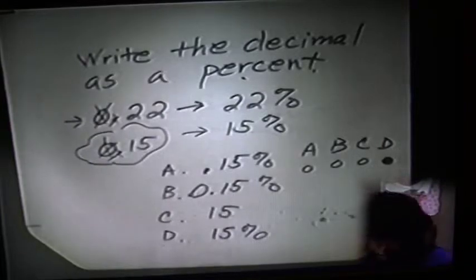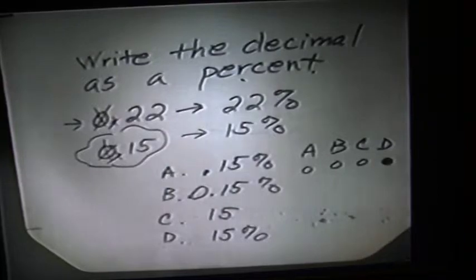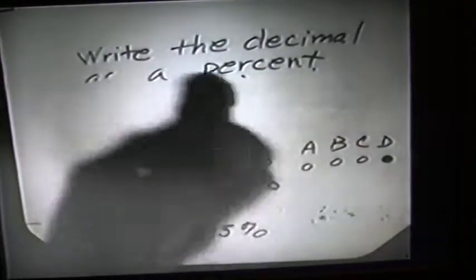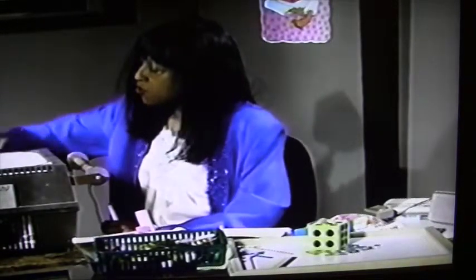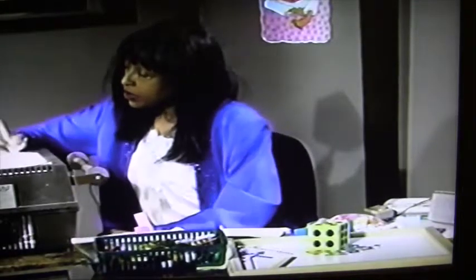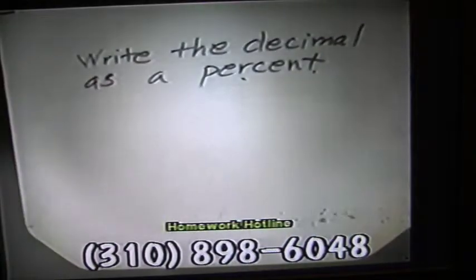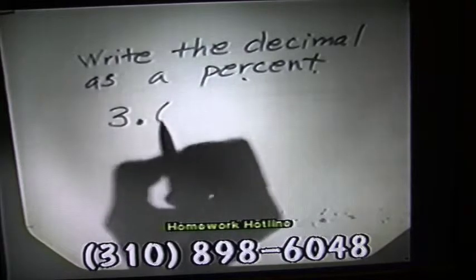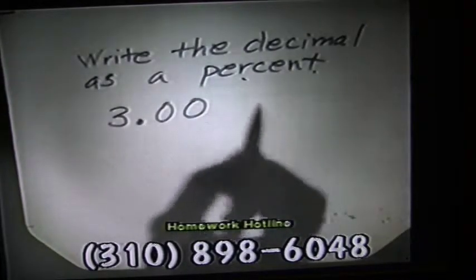Well, we've looked at those. Let's look at a larger number. And if we look at a larger number, you may see the decimal point moving. I showed you just an easy way to look at it. But let's look at it with a 3-digit number. We have 3.00, and we want to write that as a percent.